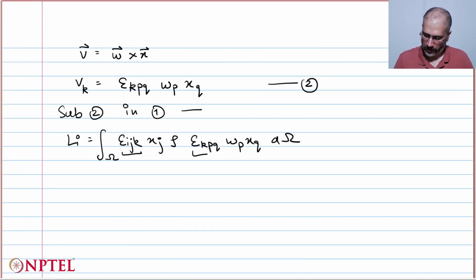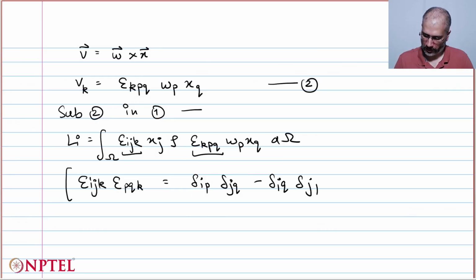And we have 2 epsilons here. So we can use the epsilon delta identity. But for that, I have to make sure that the second epsilon has the last index as the same as the first epsilon. So I write this as epsilon_pqk. So this becomes delta first delta second minus delta first second and delta second first. So let's substitute that.